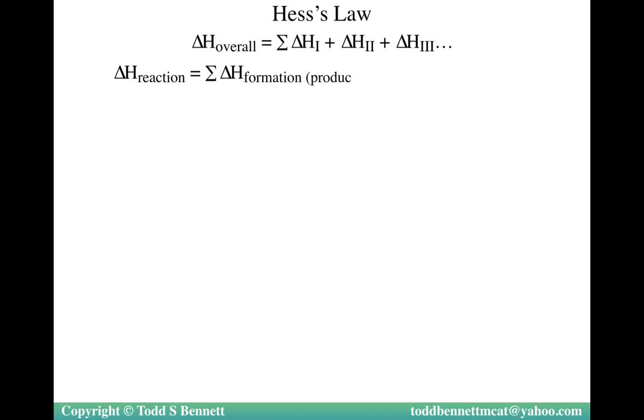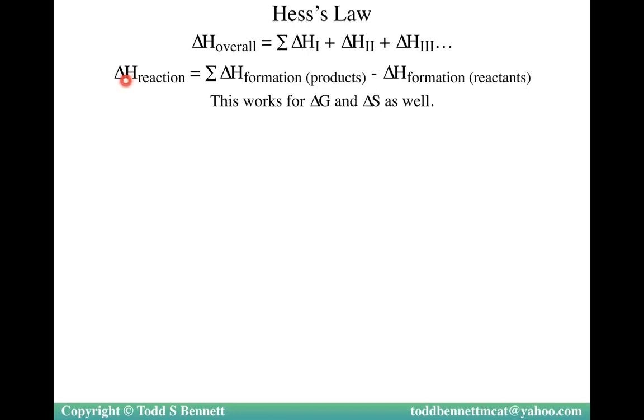So for delta H, the overall reaction is delta H1 plus delta H2 plus delta H3, etc., equals the overall delta H. What you no doubt dealt with, I know for sure in 120, and probably even a little bit in 121, was products minus reactants. So if you have a certain amount of products that form, and you subtract the delta H formation of reactants, you're getting the overall delta H reaction. Don't want to go into too much detail with that, but just want to present that.